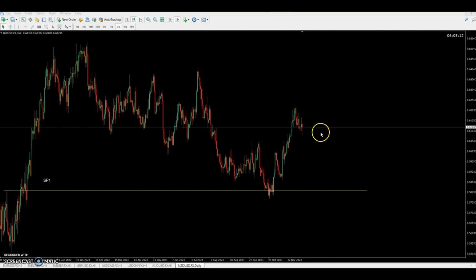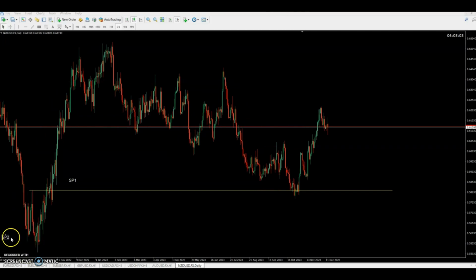Now we're on the daily time frame. If I am looking to sell this, hoping that we get to SP2, then that means I want to catch this at the highest price possible. So I'm looking for potential reversal areas. Let's do this again.